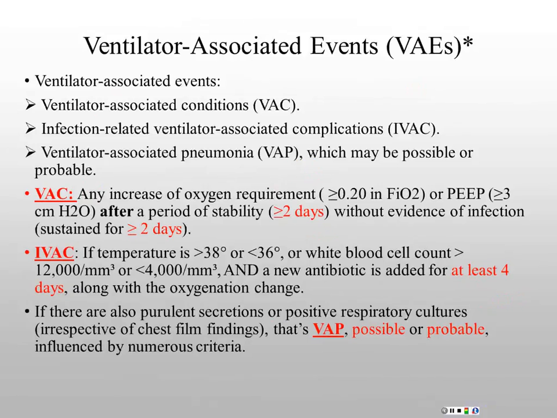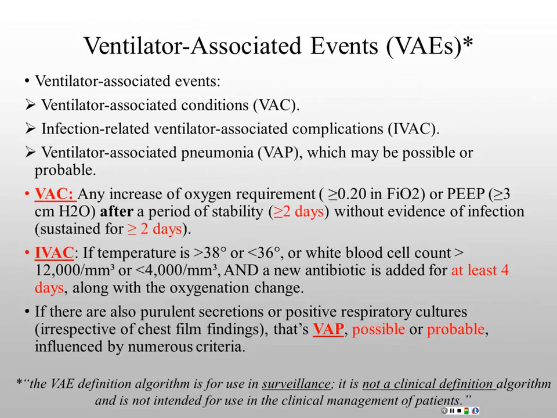You don't have to memorize this, but it's coming, so probably you may have heard about it, or you will hear about it soon. This is ventilator-associated events. It's a new surveillance system. The CDC puts this phrase here that this is not a definition.